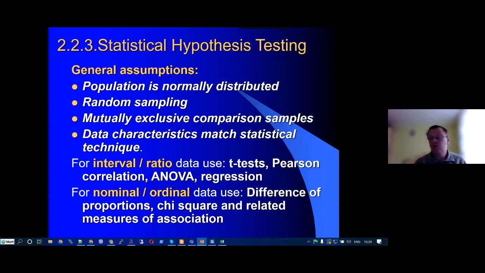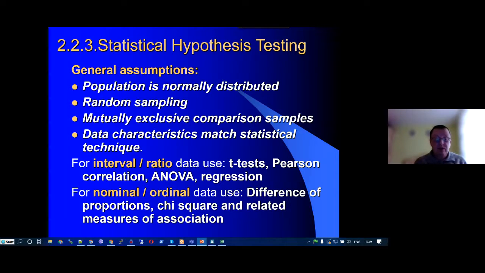So again, we come to the problem that when we want to apply particular methods for statistical hypothesis testing, we must take into account the data type. We have specific methods applicable for interval ratio data, discrete and continuous, like well-known test statistics: Pearson correlation, ANOVA, regression analysis.